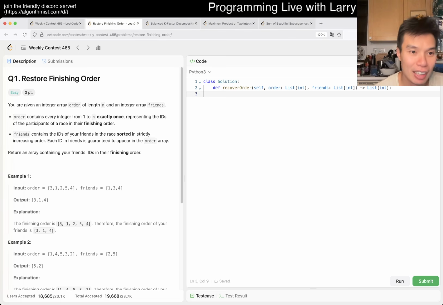Wait, am I looking at the right thing? Okay, yes. All right, you're given an integer array of length n, friends. Order is 1 to n, some permutation. Friends, and the finishing order. Okay, so it's just a mapping, right?